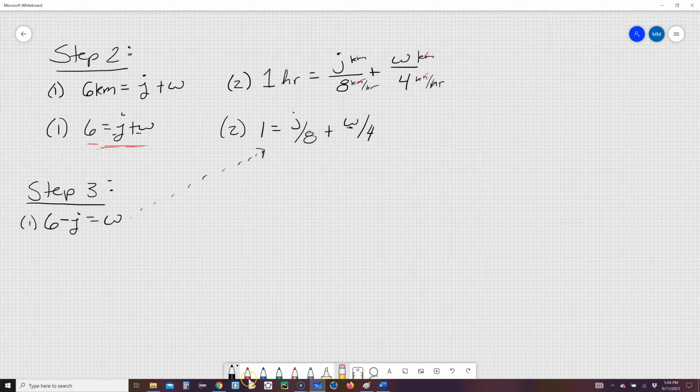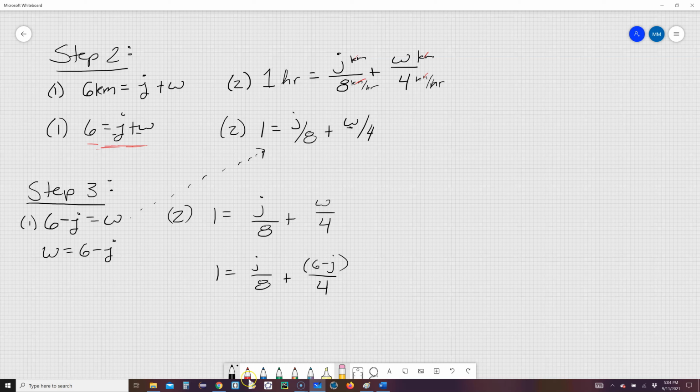So I can eliminate W straight away by doing this substitution. So I will write that as W is 6 minus J, and then the next part of our algorithm tells us to plug it into the other equation. We do that, J over 8 plus, and this is 6 minus J over 4.